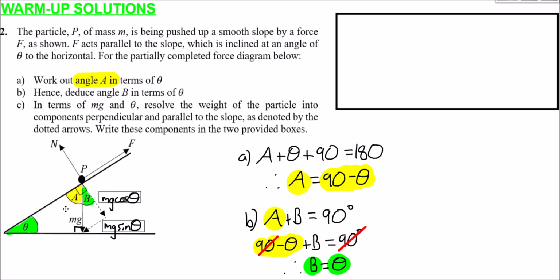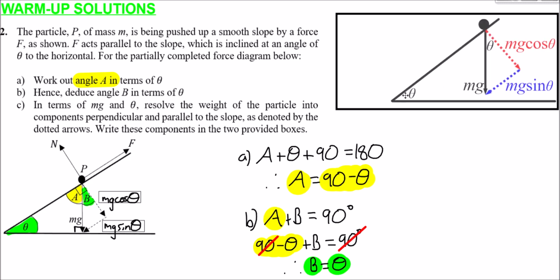So we can generalize this result here to resolve forces nice and easily when forces are acting on a slope. So the general idea is this. If we've got a particle on a slope inclined at an angle theta to the horizontal, then the angle that the vertical makes with the line which is perpendicular to the slope is also theta.